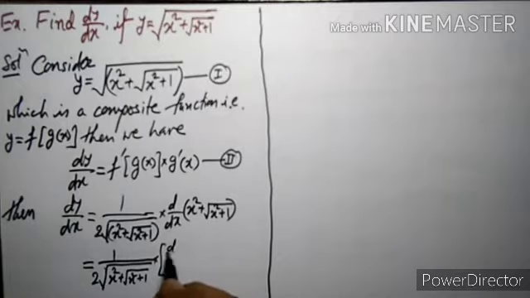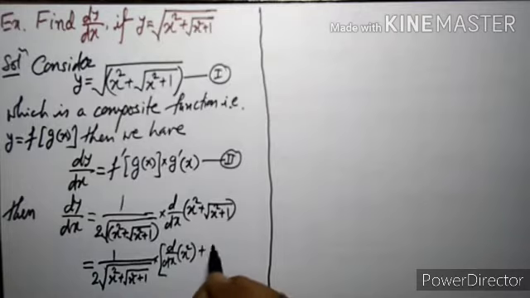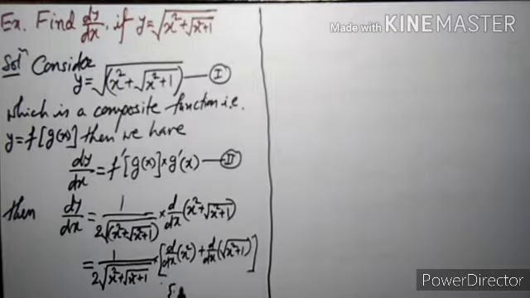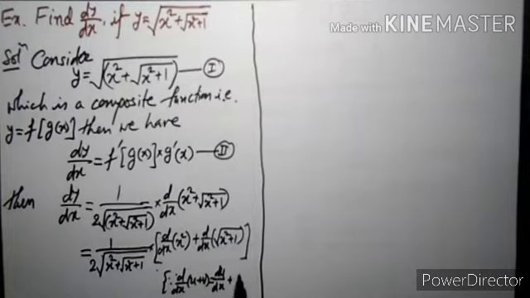This is dy dx of x square plus dy dx of root of x square plus 1. If you are not remembering this, just go for the previous lecture on our channel. So here we have used d by dx of u plus v equals du by dx plus dv by dx.